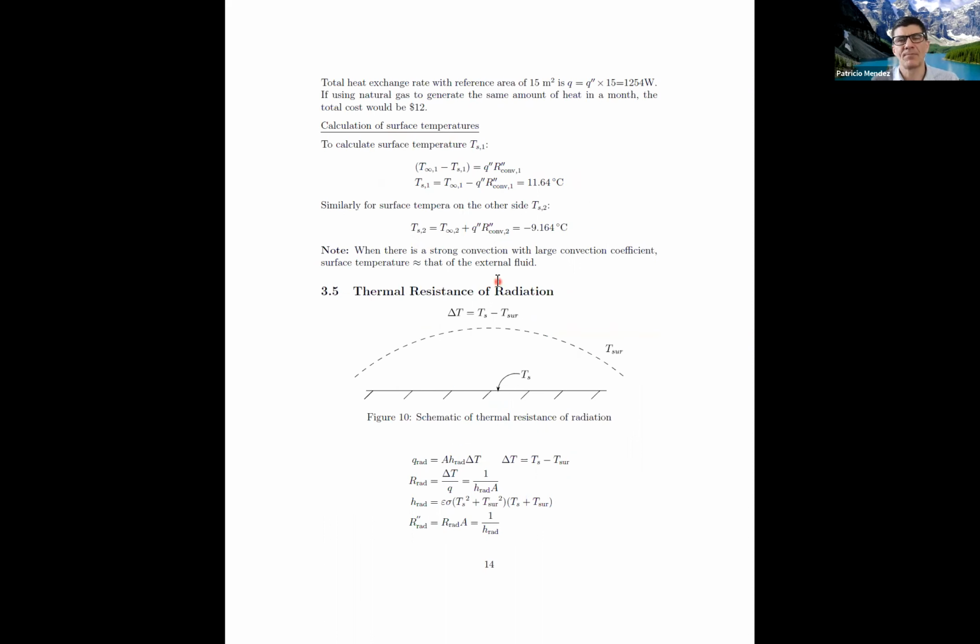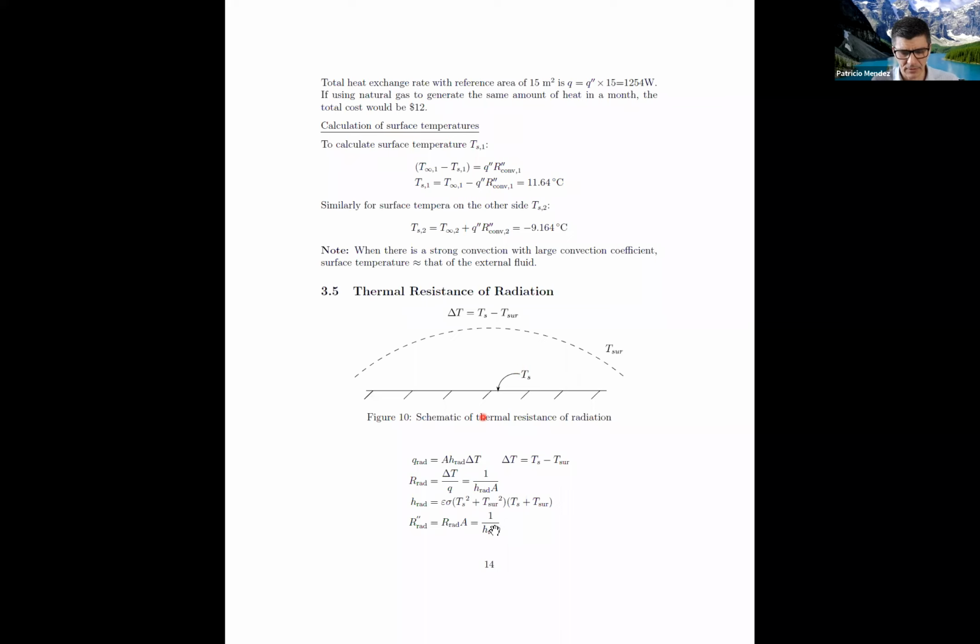Then we said, aha, how about radiation? And radiation is tricky because radiation is not really proportional to the delta T, because it's something to the fourth. However, in many practical cases, we can cut some corners, and as long as we're aware that we're cutting corners, it's okay. And we can use the radiation equivalent convection coefficient.